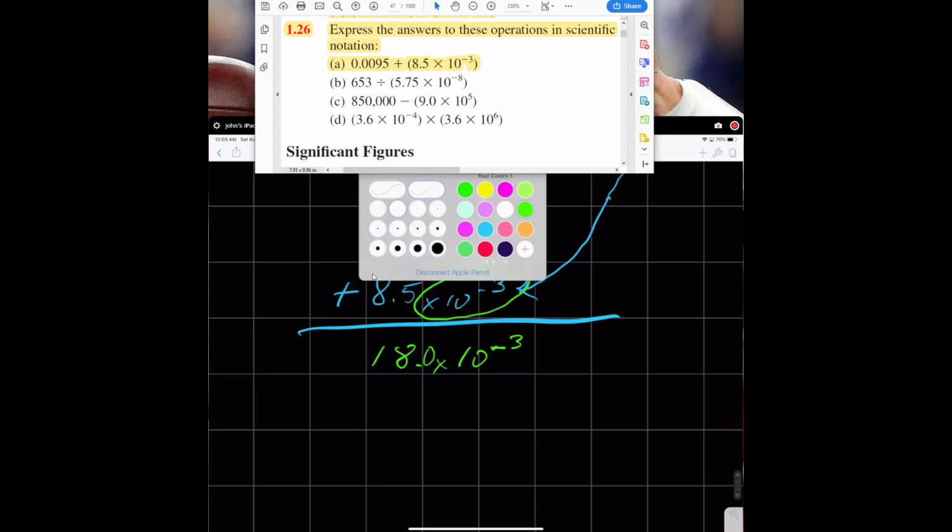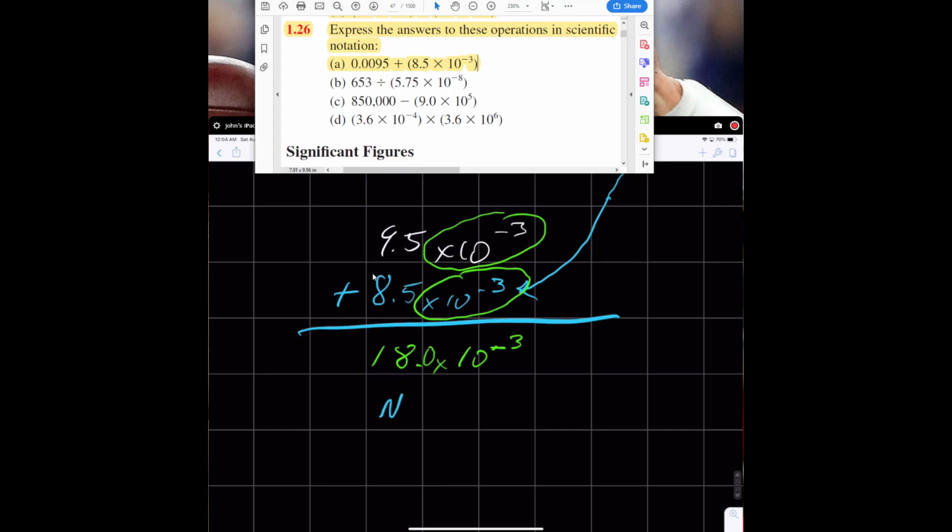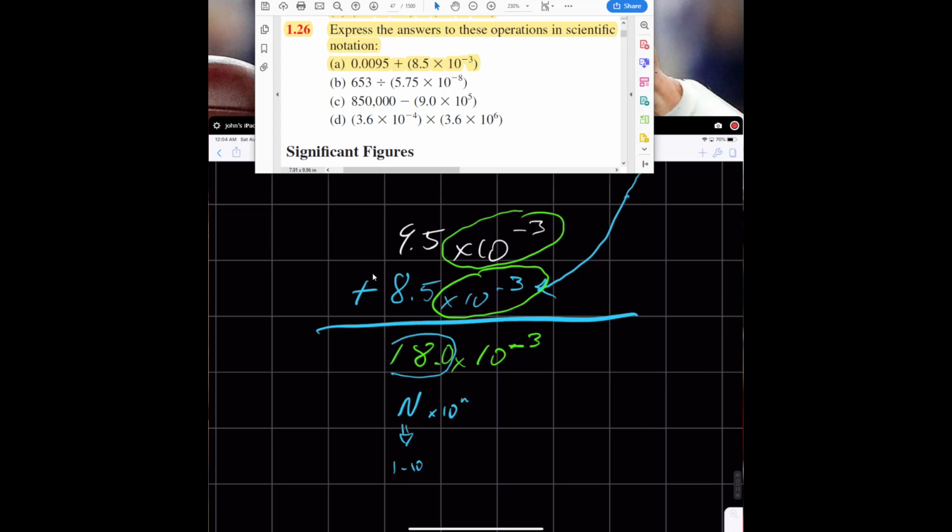Because when it's in the standard form, remember, N times 10 to the n, N has to be a number between 1 and 10, and 18 exceeds 10. So we need to turn this 18.0 into a number between 1 and 10. How are we going to do it? We're going to use 1.8.